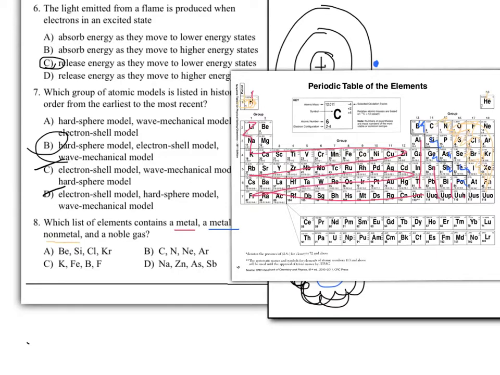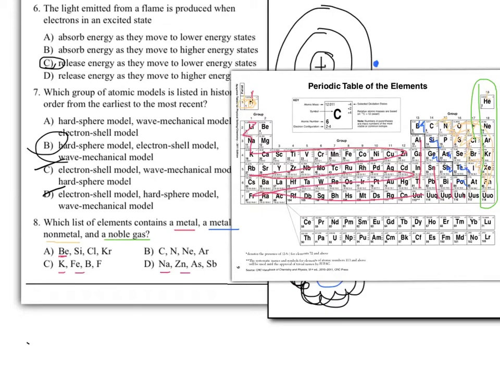And lastly, a noble gas. Now, noble gases are a special group. They're found in group number 18. So they are both nonmetals and noble gases. So here, when we're looking for metals, we can see that beryllium is a metal, as is potassium, iron, sodium, and zinc.